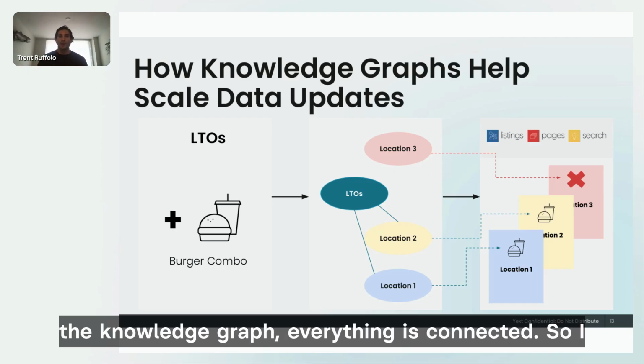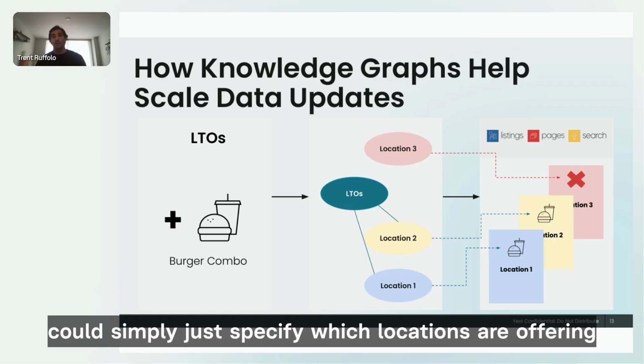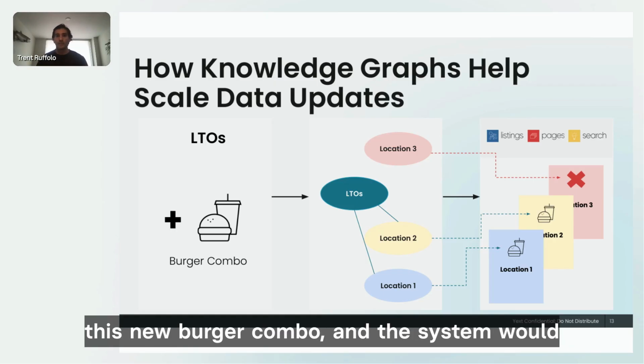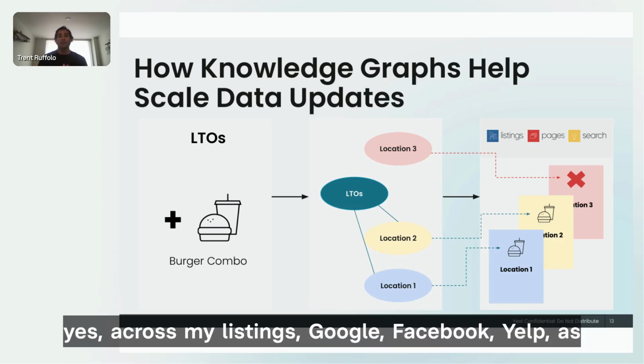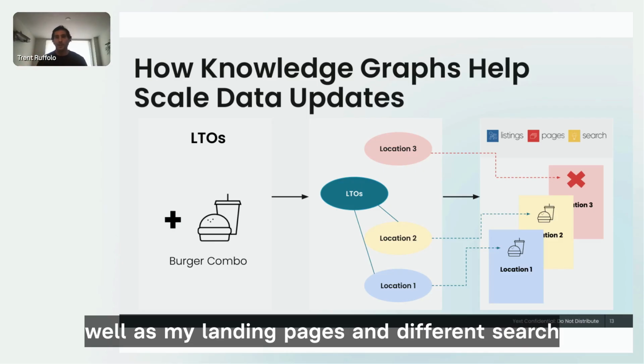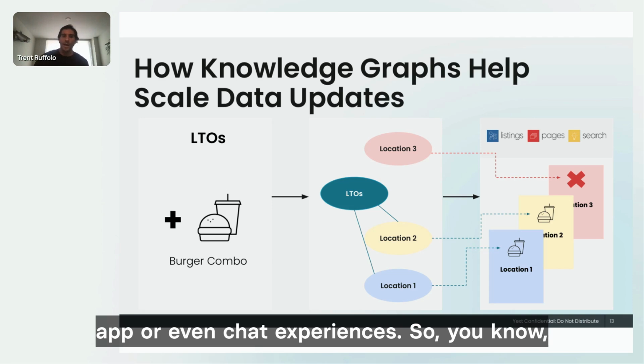But with the knowledge graph, everything is connected, so I could simply specify which locations are offering this new burger combo, and the system would automatically update that information everywhere it appears. So yes, across my listings, Google, Facebook, and Yelp, as well as my landing pages and different search, app, or even chat experiences.